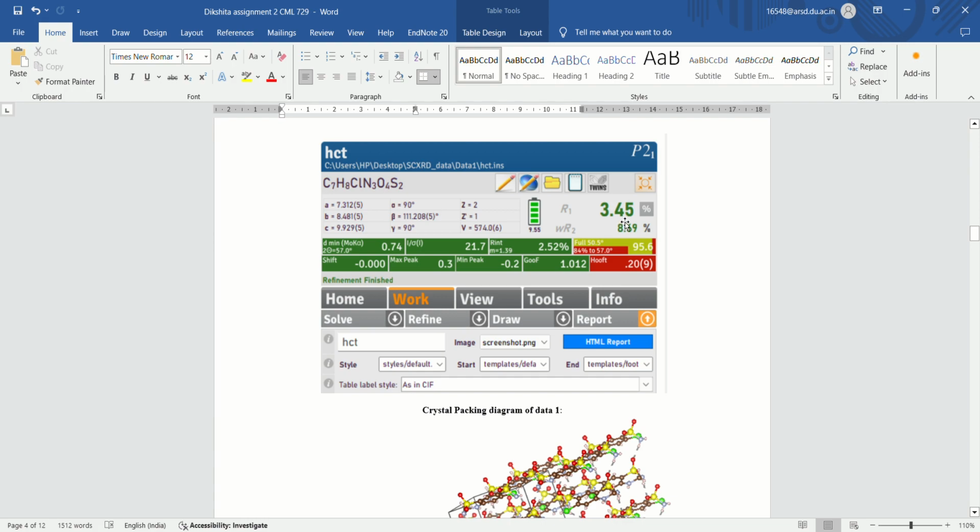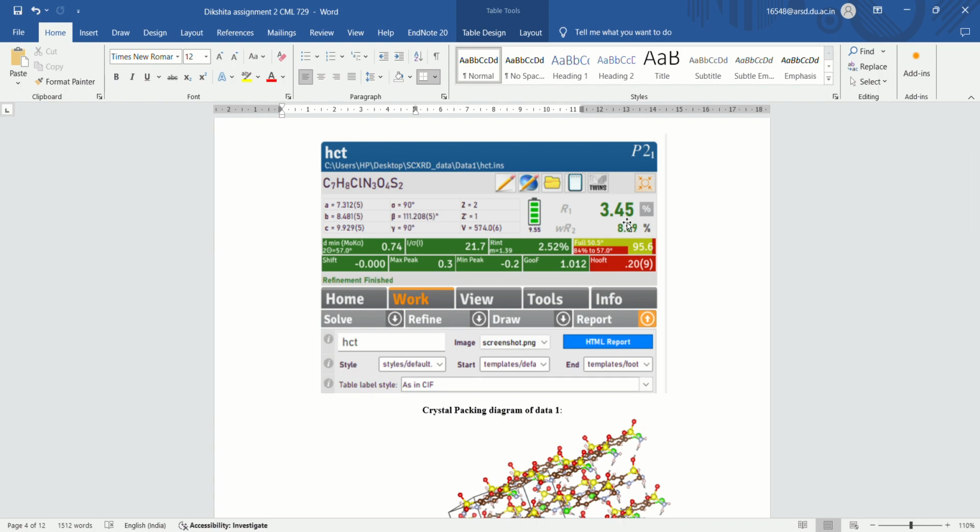In my case it was almost 27% at first on solving the structure, but when I refined it further and further, I got a 3.45% R factor, which is less than 5%, and an R factor less than 5% is considered to be good for a structure.